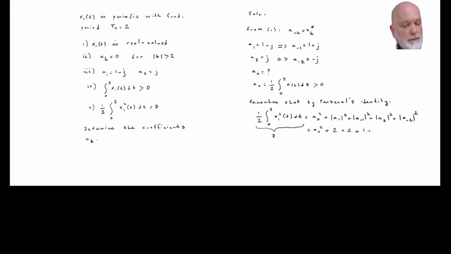So we have 1 plus 1. So this makes 6. Therefore, a0 square is equal to 1. And we know that a0 is real valued, and also we know that a0 is positive. So we obtain a0 as 1.